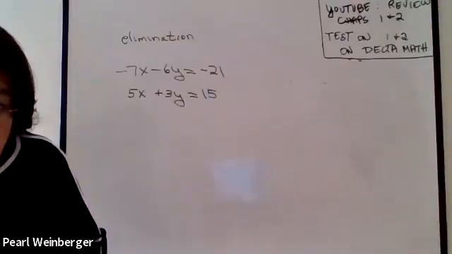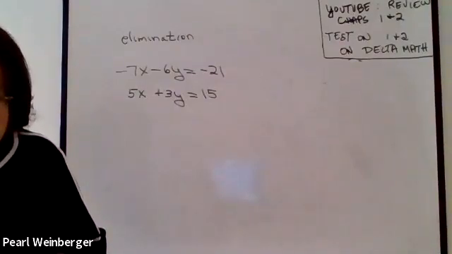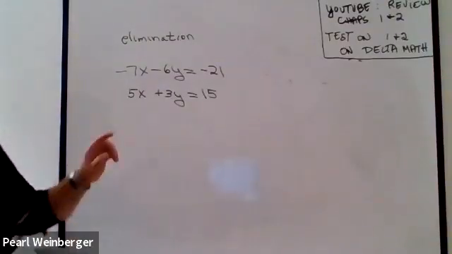Like in the previous problem we just discussed, it was x plus y equals -2, and you said that we needed to add the -1 because we didn't have a number. Right. In this case we do have numbers though.